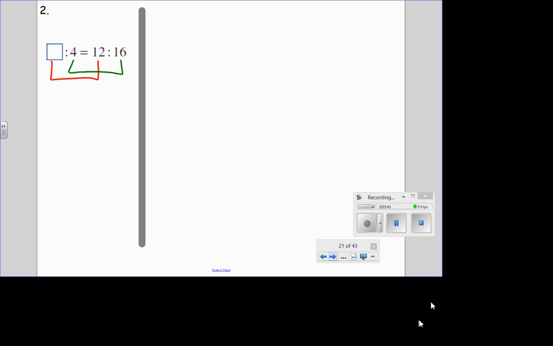So think for a moment, how did I get from 4 to 16? I know I multiplied by 4, so that means I should multiply by 4 to get from this box to the 12 as well. What would I need to multiply by 4 to get to 12? You can probably already guess, that's going to be my 3. So when I take 3 to 4 as one ratio, that's going to be the same as saying 12 to 16.